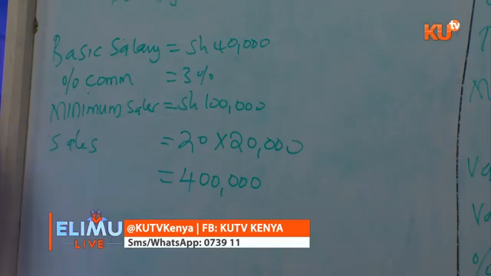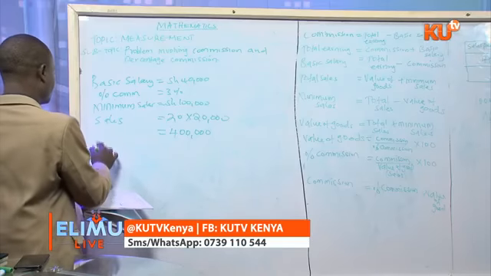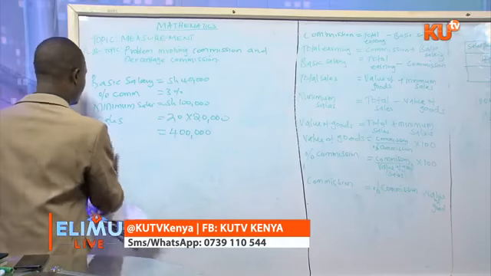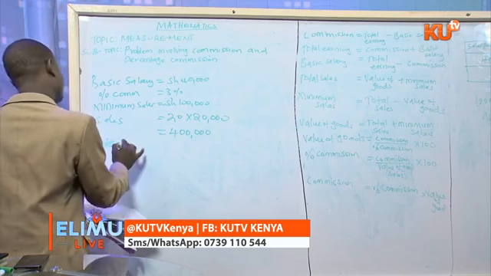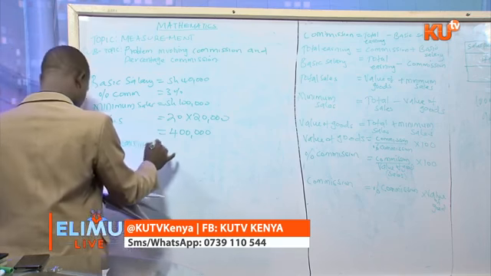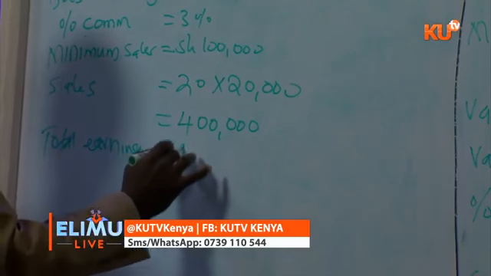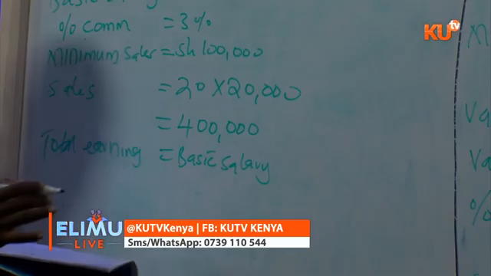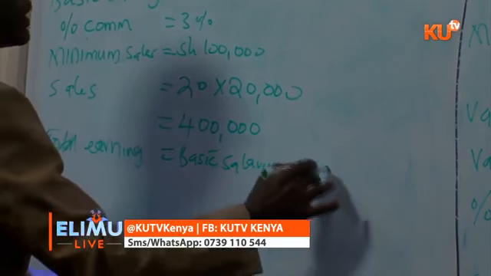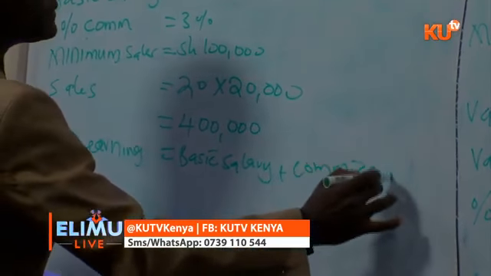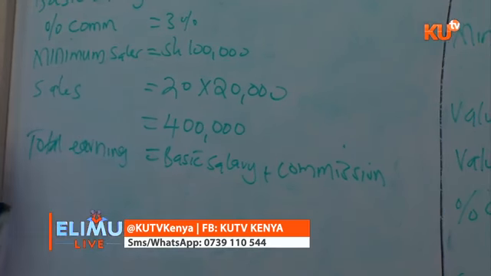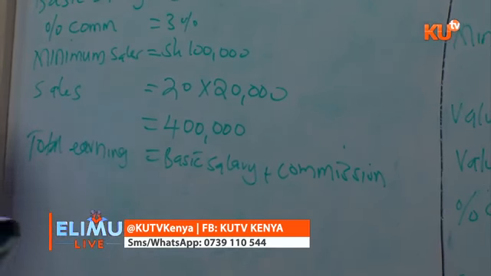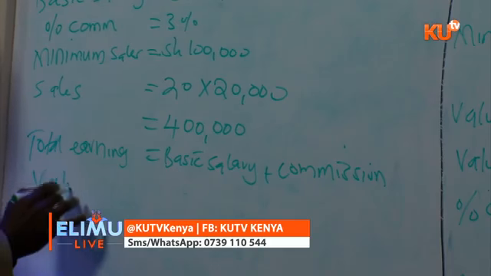So now from here we can find total earnings. So total earnings is equivalent to basic salary plus commission. And then we also need to find the value of goods.